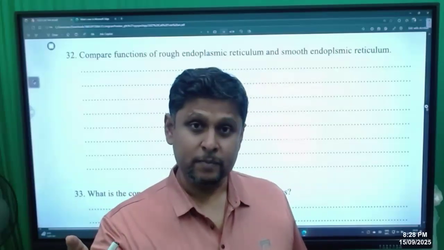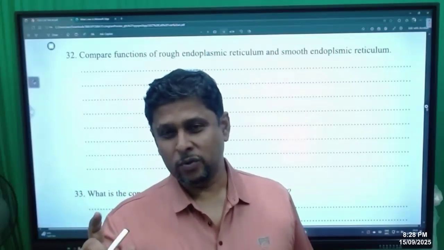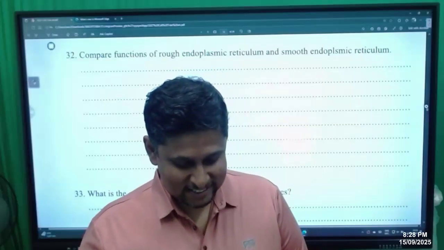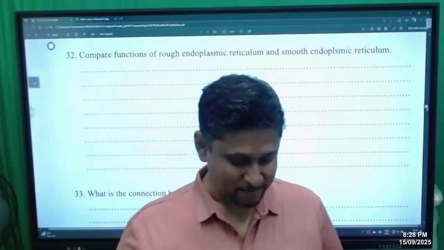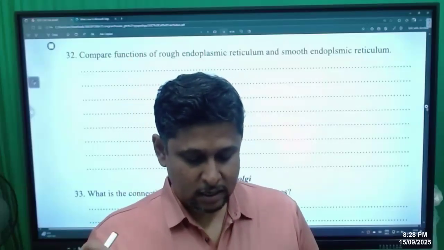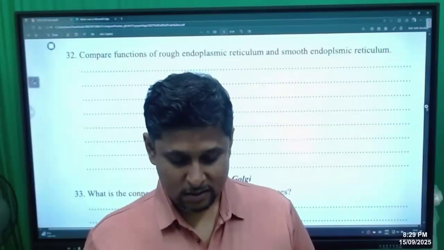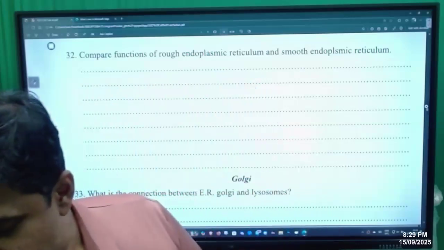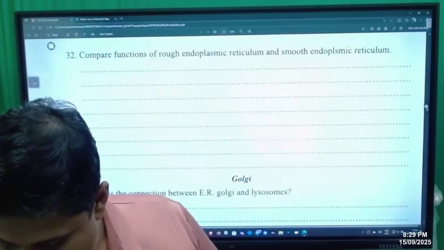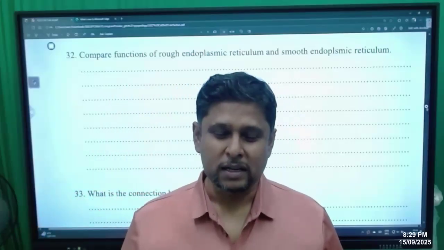Then you can say RER is involved in forming glycoproteins. RER synthesizes glycoproteins. SER synthesizes lipids, including oils, steroids, and phospholipids.